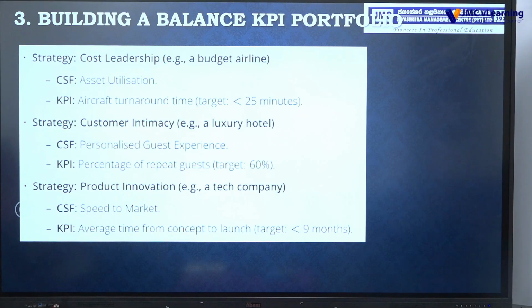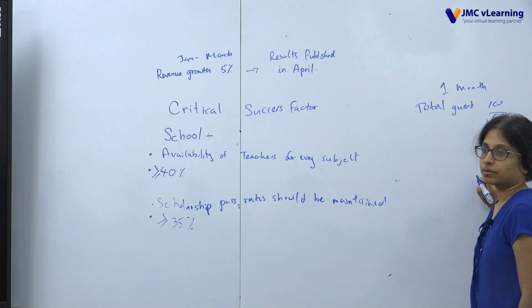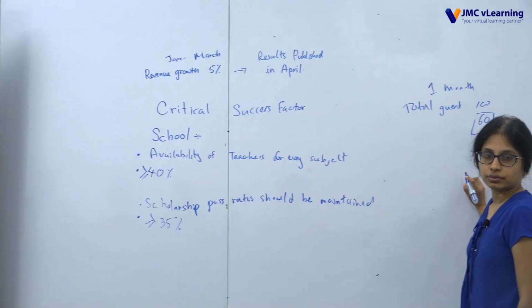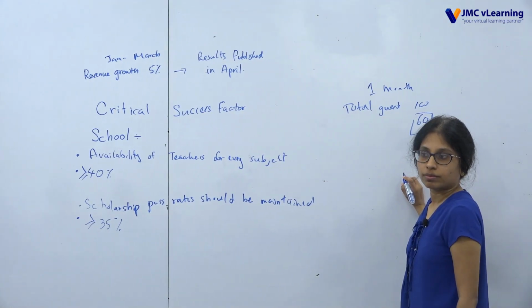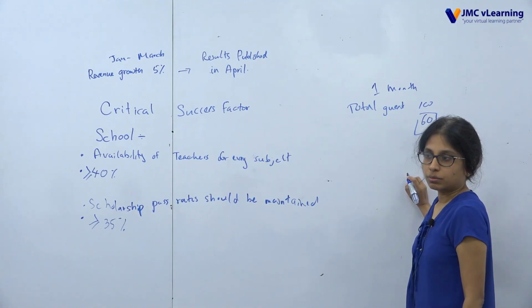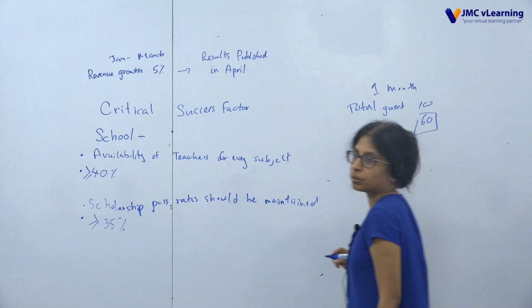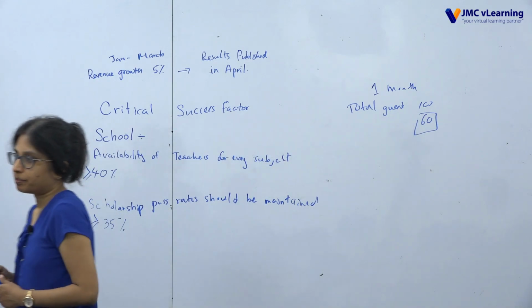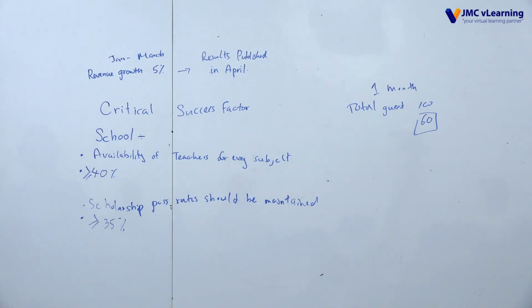Let's say total guests are 100, at least 60 should be repeated customers. Customers should be satisfied, no? Because it's very important that you have repeated customers. That means the previous visit has been a success.